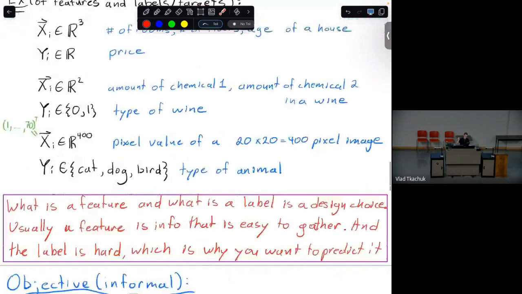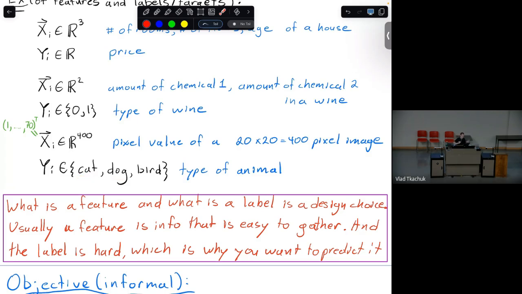A slightly more exciting, real example is classification of images. Here you might represent the pixel values of a 20 by 20 image, where every pixel value is one feature, so you'd have 400 indices in your feature vector. Your labels are what's in the picture: is it a cat or a dog or a bird?